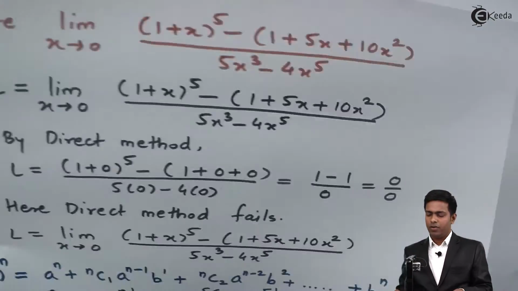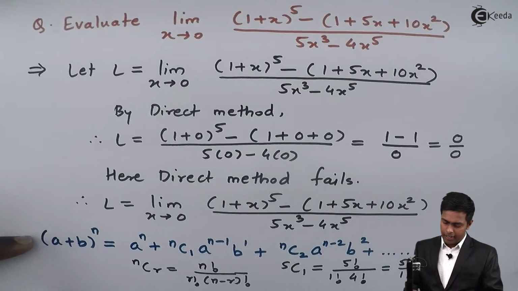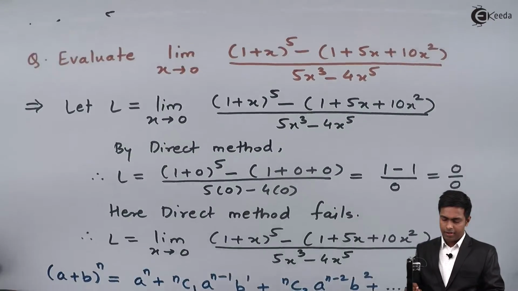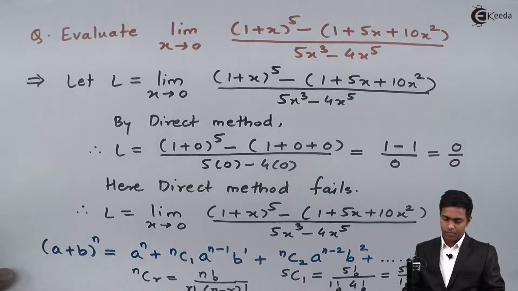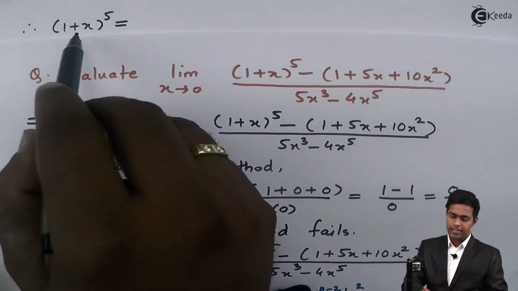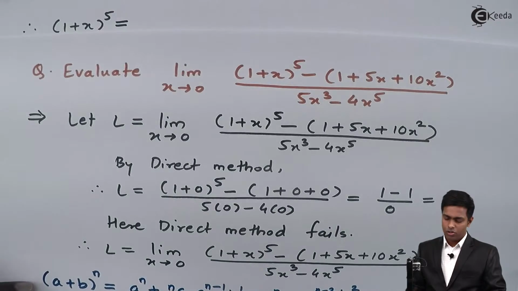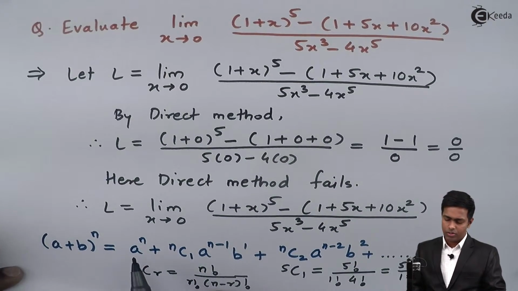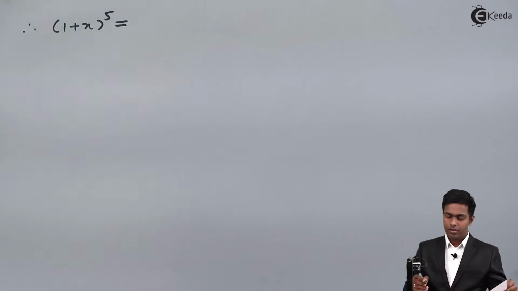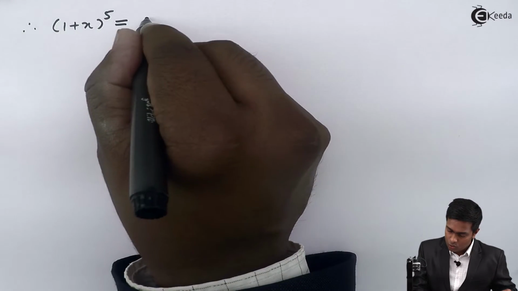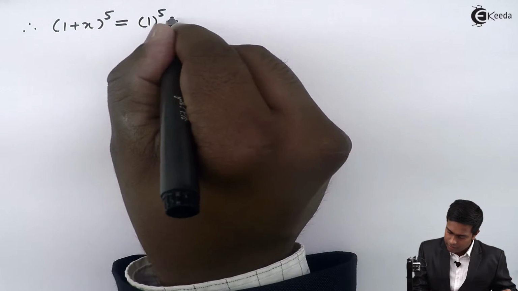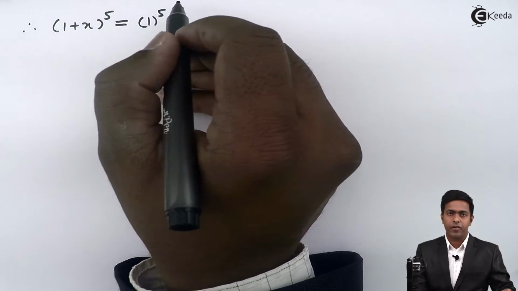If you observe this, a is 1, b is x, and n is 5. So by substituting the values, a raised to n, that is a is 1, so 1 raised to 5, because here n is 5.